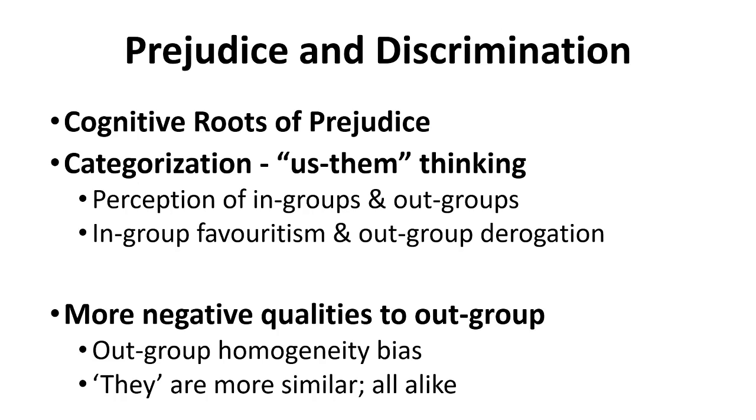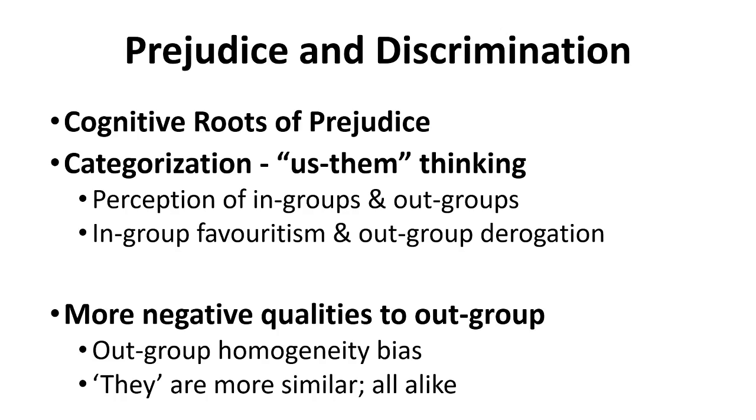But when we start categorizing people who are like us and people who are not like us, it starts creating sort of an easy avenue for what's called us-them thinking, where you have different perceptions of in-groups, people who are like you, and out-groups, people who are not like you.